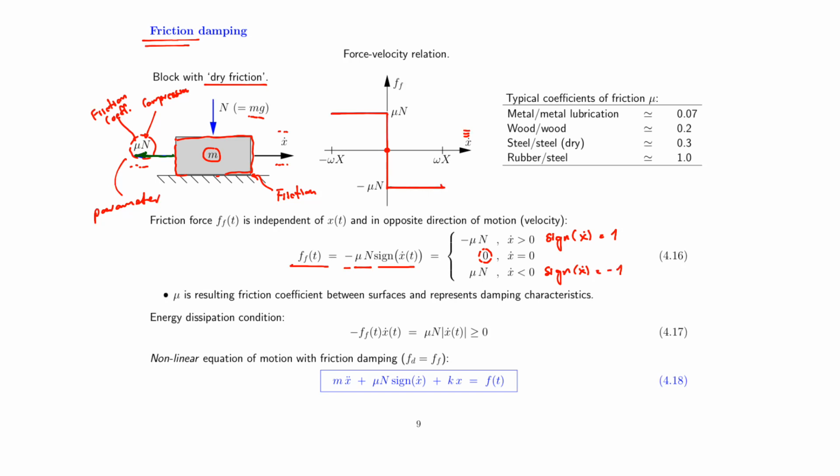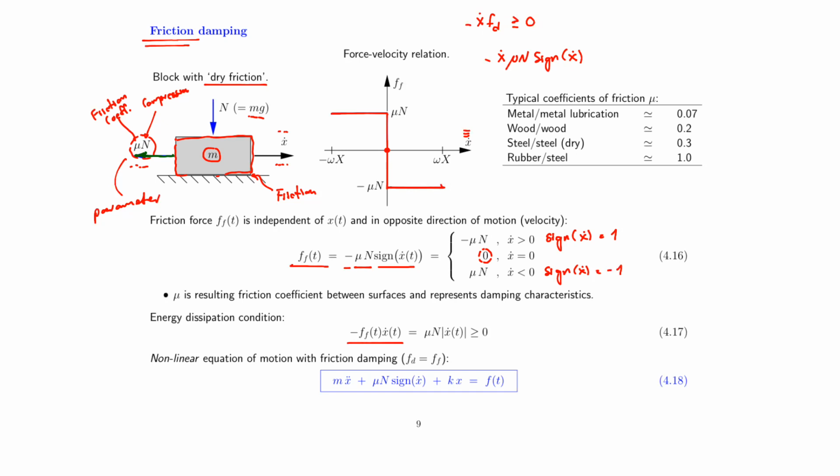So we multiply our left hand side with minus x dot to get the energy dissipation, or the energy condition. Remember that x dot times Fd with a minus should always be non-negative. Now when we multiply with velocity on the right hand side, we get a term equal to velocity times mu n minus the sign function of velocity.